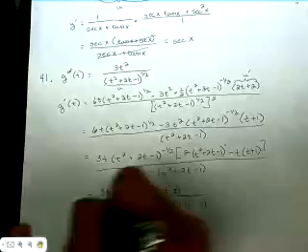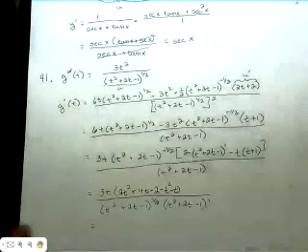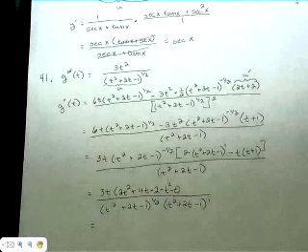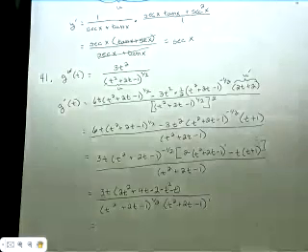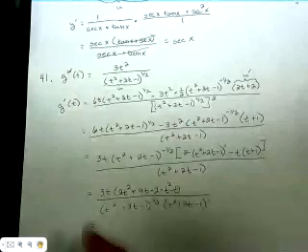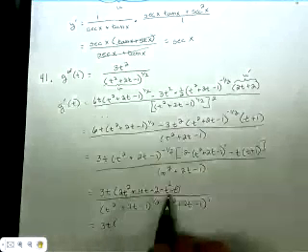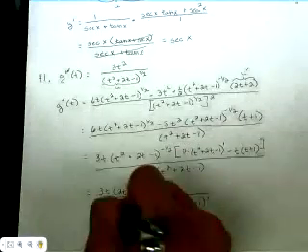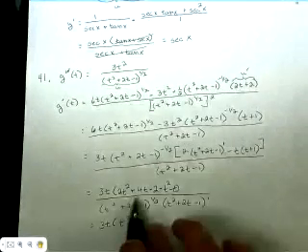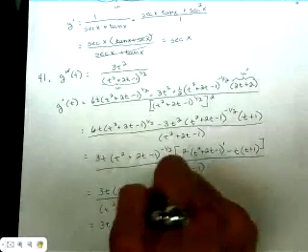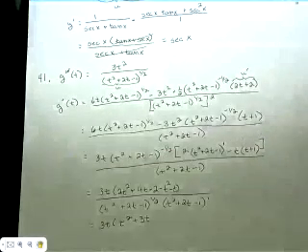And finally, when I combine like terms in parentheses, that would give me 2t squared minus 1t squared is t squared, 4t minus 1t is 3t, and minus 2.